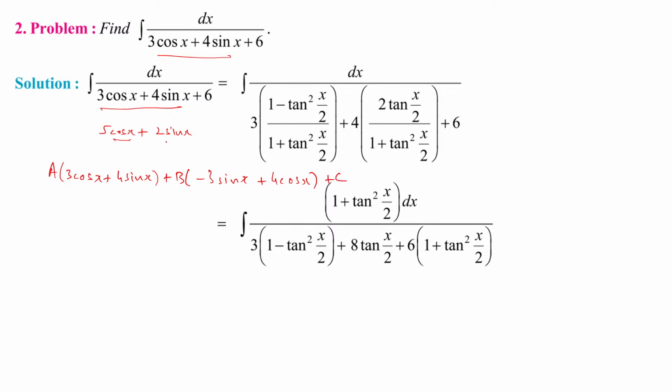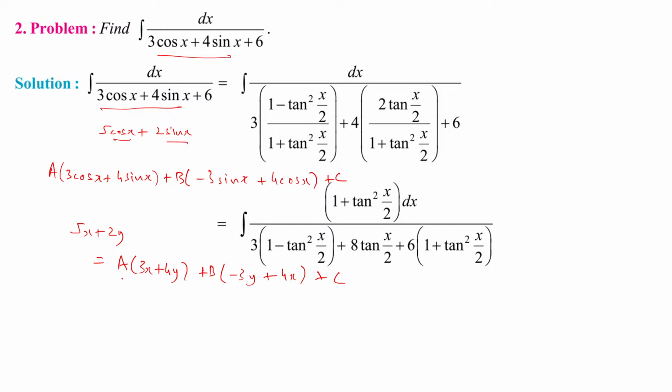For simplicity, let's assume cos x as x and sin x as y. What we are saying is 5x plus 2y should be equal to A times 3x plus 4y plus B times minus 3y plus 4x, plus some constant, right?